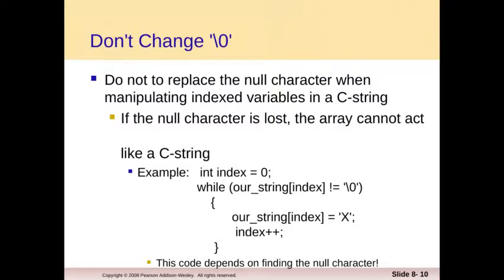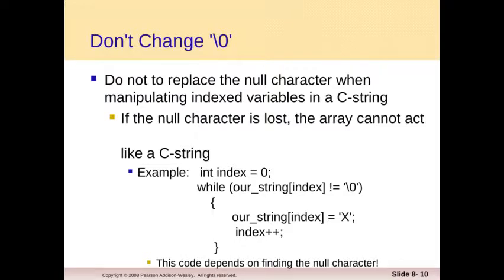Now, this is basically just a convention. You have this array of characters, and the convention for it being a C string is that the \0 occurs within the declared size.